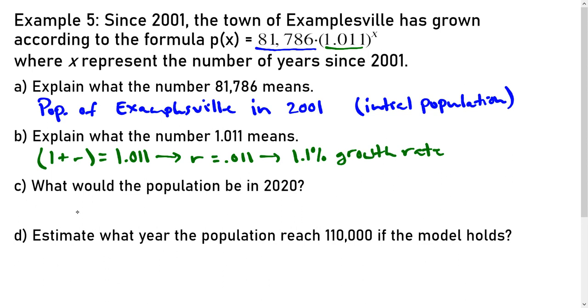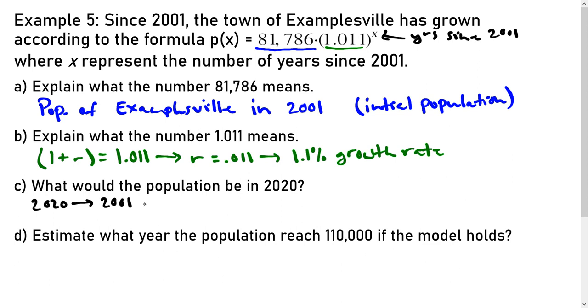Okay, so C says, what would the population be in 2020? Well, this is where we have to take some things into context. When we look at the value of x, x is years since 2001. So from the year 2001 to the year 2020, how much time has passed?